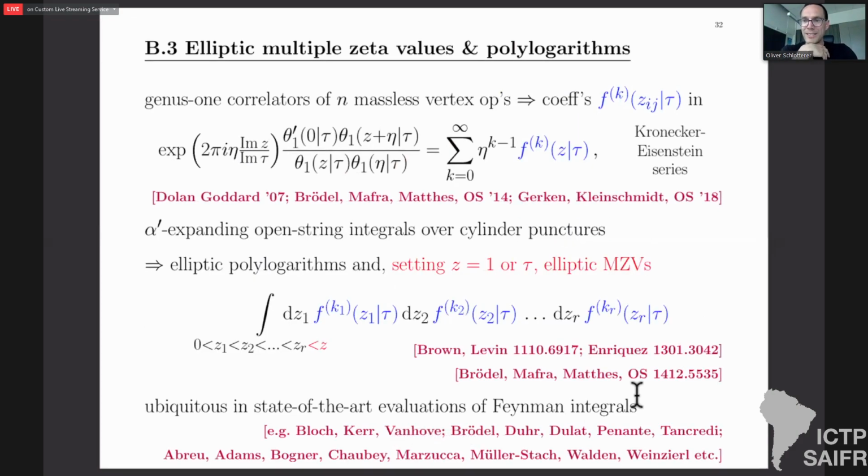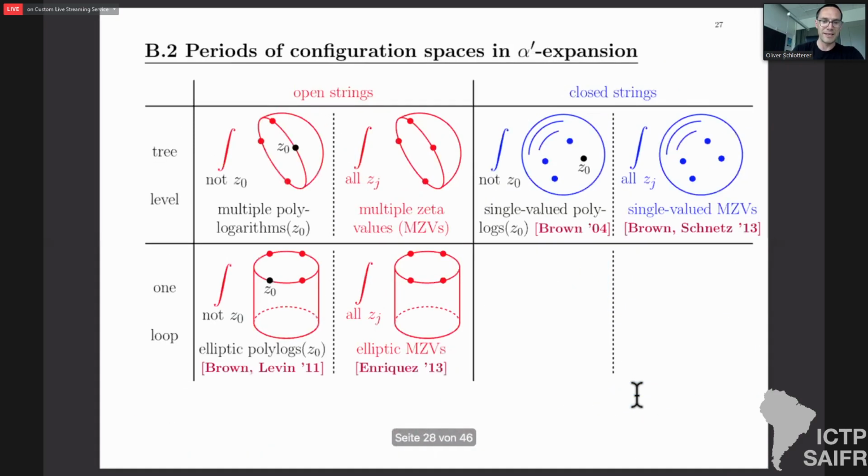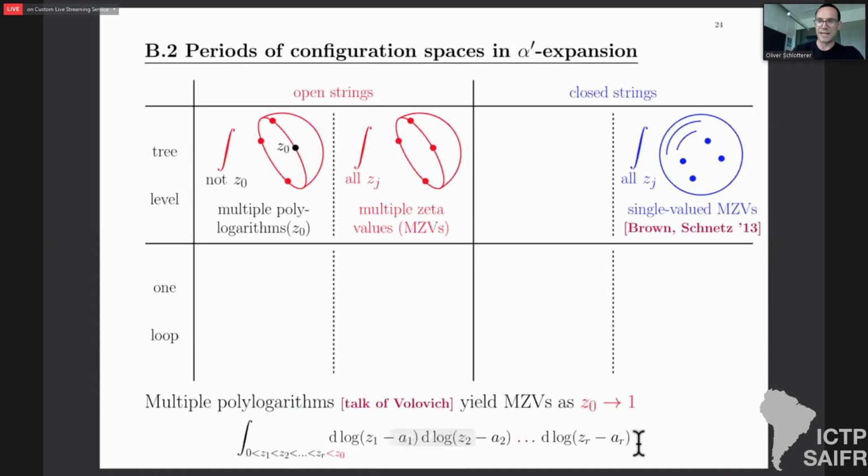So what should I tell you about elliptic polylogarithms that arise on the open string side? This is a natural generalization of the polylogs at genus 0 that Anastasia described for you yesterday. You saw in Anastasia's talk that polylogs at genus 0 are iterated integrals over D-log forms, the D-log forms being tailored to the sphere.